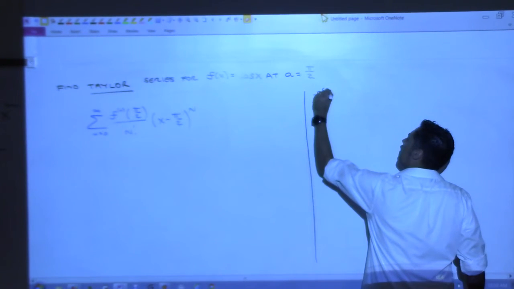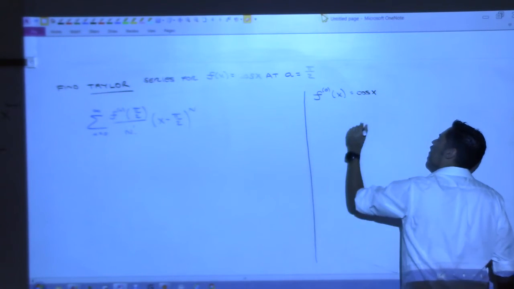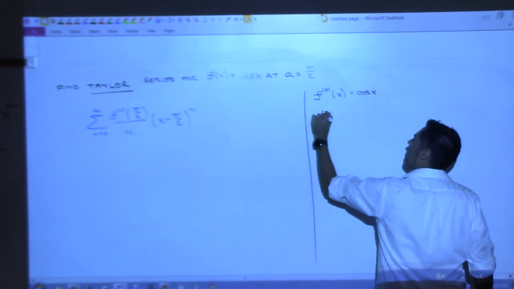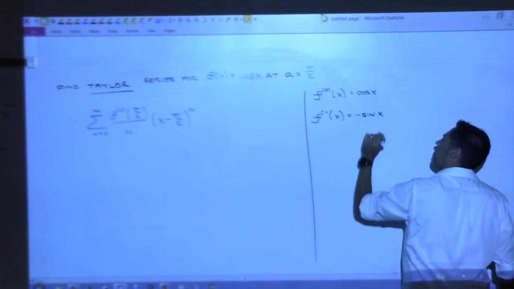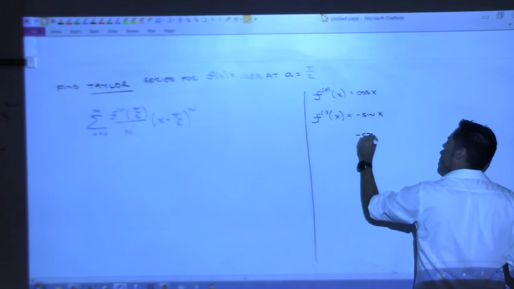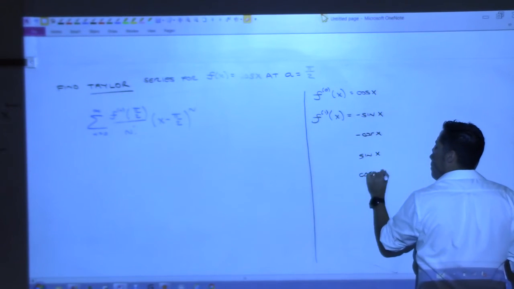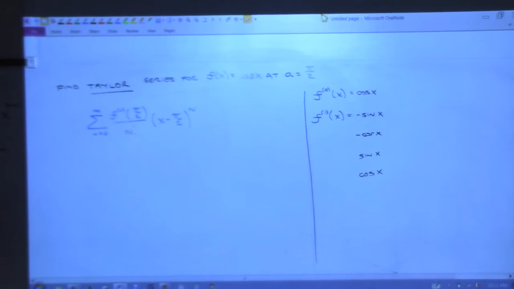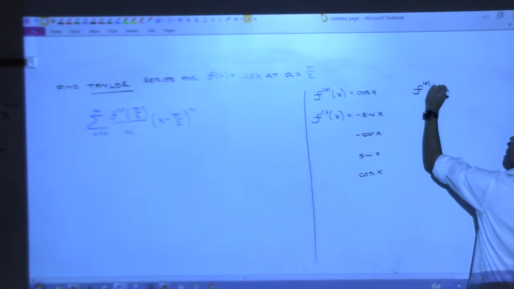The zeroth derivative of this function at x is cosine x. First derivative, negative sine. And then, can I keep going? Negative cosine x, right? Sine x, cosine x, and that's where it starts repeating itself. What's the zeroth derivative at pi over 2?